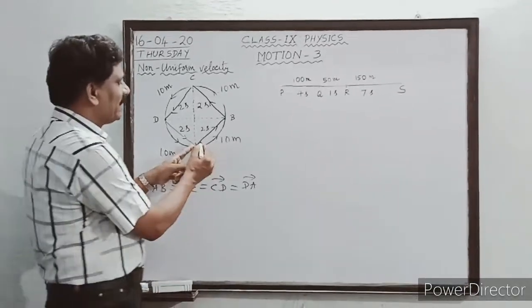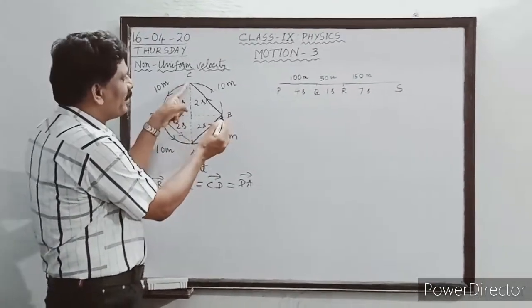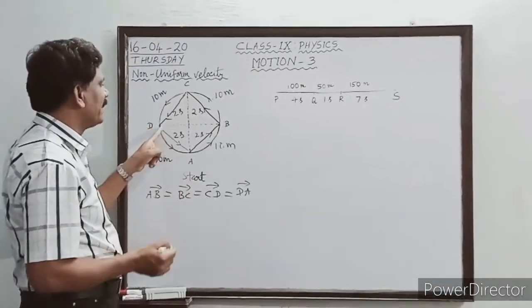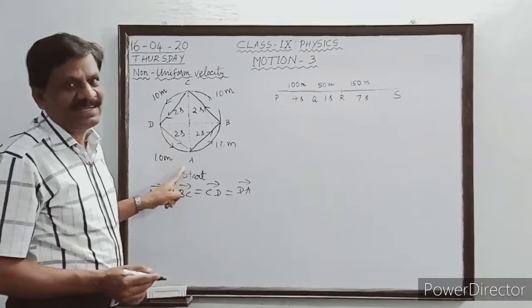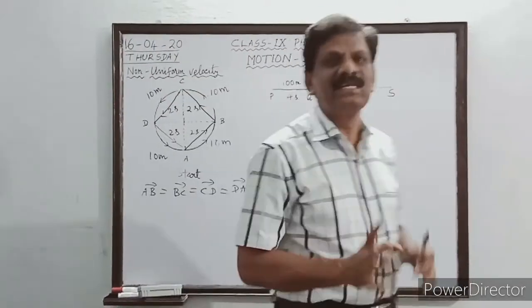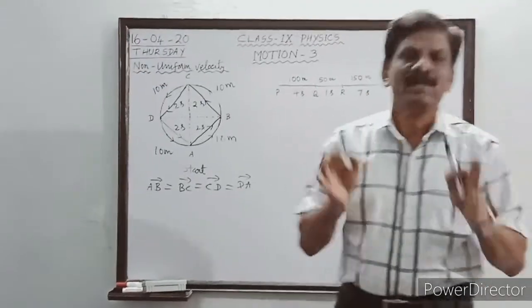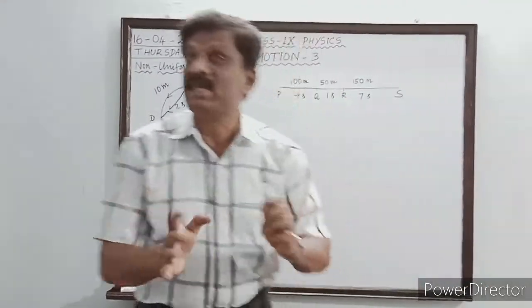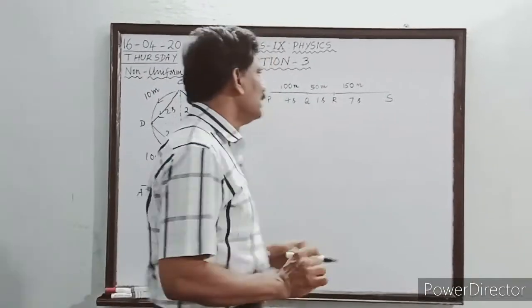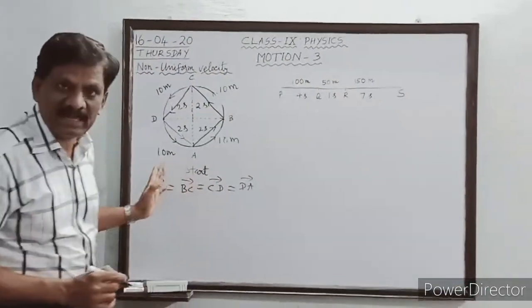You see, the direction of AB is different from the direction of BC, and still it is different from the direction of CD and DA. So this is what I said, that the definition for non-uniform velocity must be precise. A body is said to have non-uniform velocity. What are the points we have highlighted already?